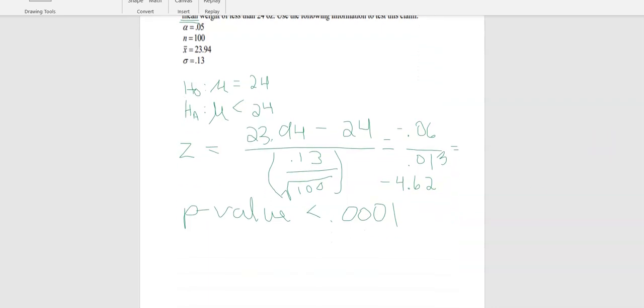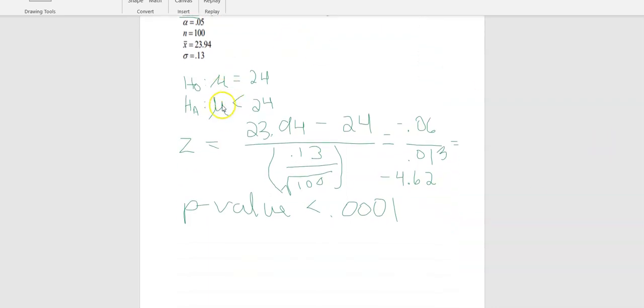All right, now our next step is to compare the p-value to alpha. And let's think about this. Since we're looking at a mean that's less than 24, when we look at less than on a normal curve, we are looking at something being over here on the left-hand side. So we need to see if this 0.0001 is smaller than alpha, and it is.